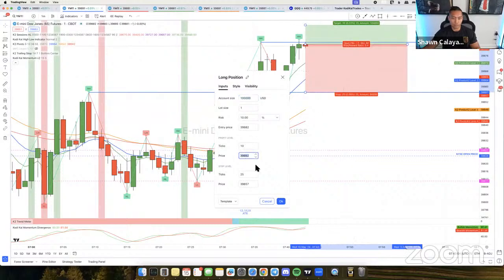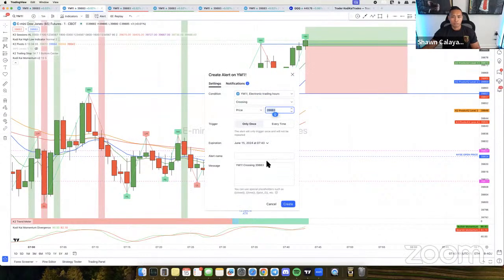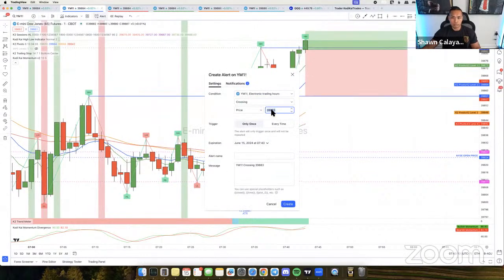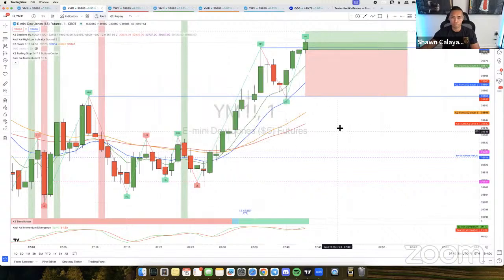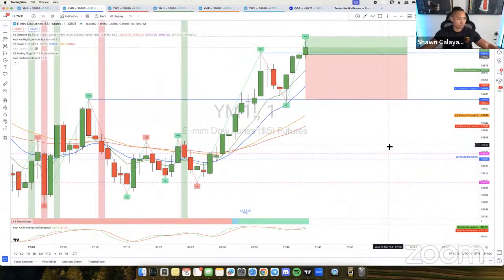So we got the divergence. Order submitted. I want to set some alerts there. So it's at 92. I got it a little, like, a point earlier, so let's see where it's at. Almost up there.